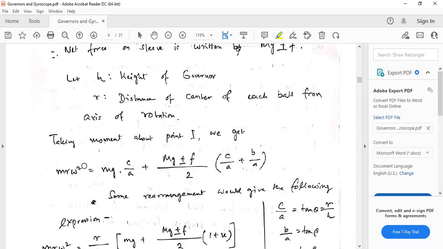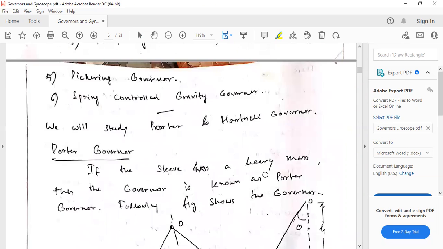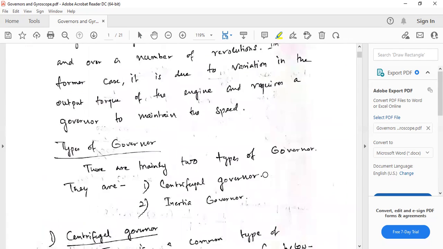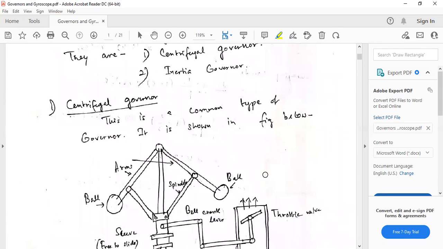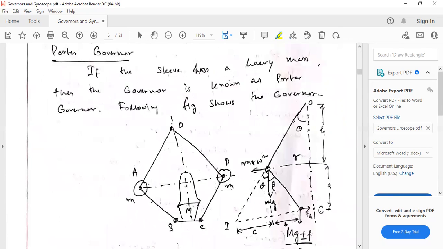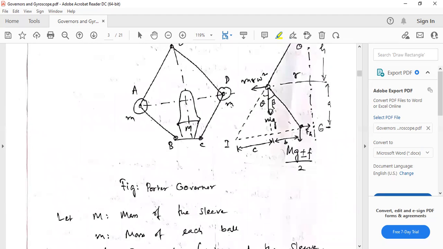So mr omega square a was there, and we divide by a, so here c by a plus b by a. This c by a and b by a we can write trigonometrically. If we take this angle theta, then perpendicular by base, c by a, is tan of theta, and b by a will be tan of beta.